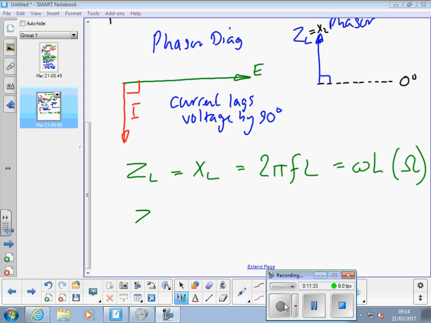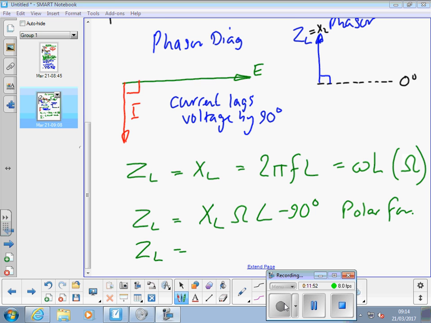We can write ZL equals XL ohms angle plus 90 degrees, polar form.